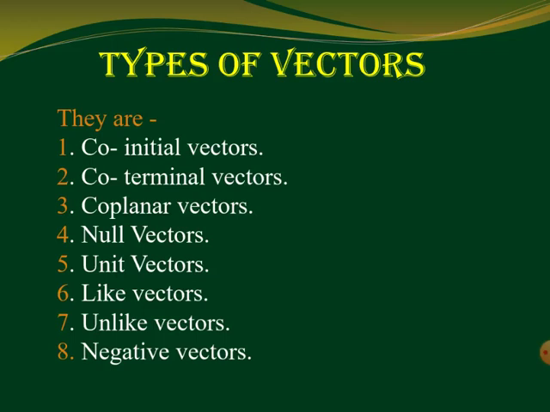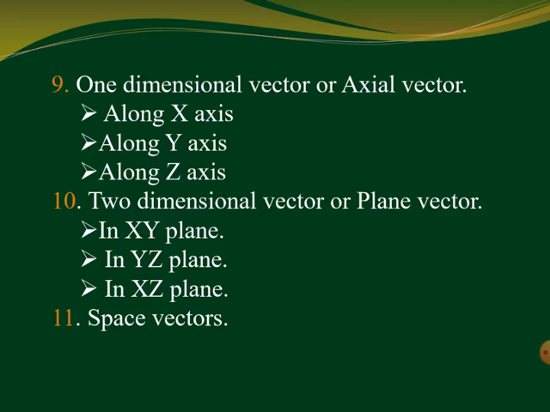Co-initial vectors means those vectors, it may be two or more than two, are known as co-initial vectors if they have the same initial point. But before that there are other terms to be discussed: one-dimensional vector along the x-axis or y-axis. Two-dimensional vectors, or plane vectors, lie in the xy plane, yz plane, or xz plane.